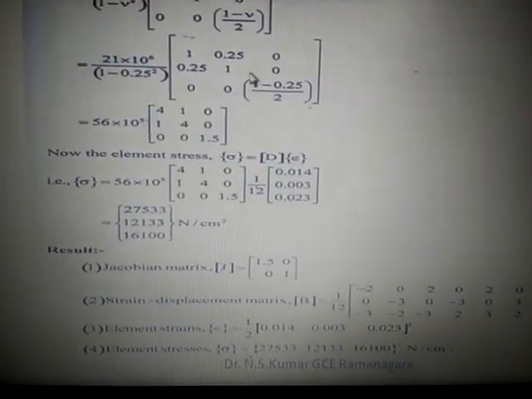You see this, and you are going to get the element strains and element stresses, in Newton per cm square. The Jacobian matrix is this, and the Jacobian value is 1.5. The strain displacement matrix is what? 1, 2, 3, 4, 5, 6, 7, 8. It has 3 rows and 8 columns. The element strains are 3 and your element stresses are 3, in Newton per cm square.